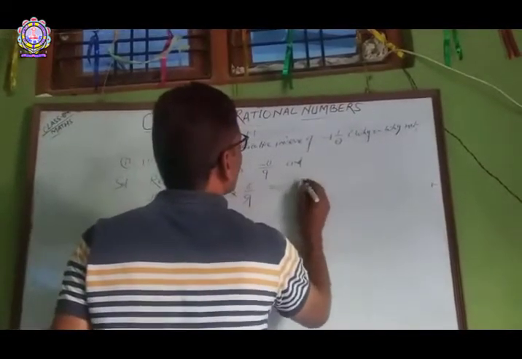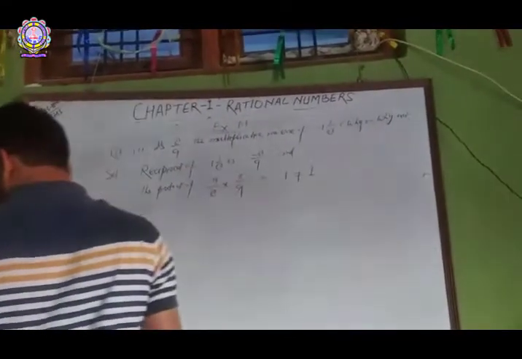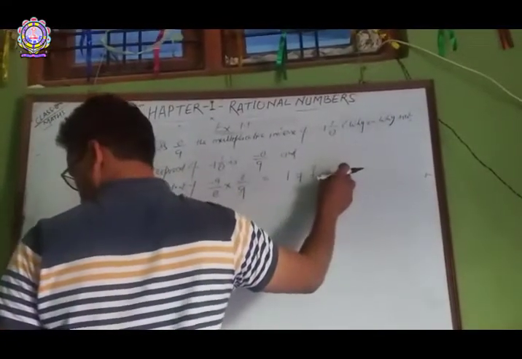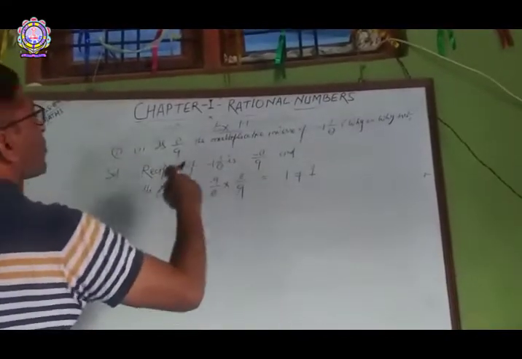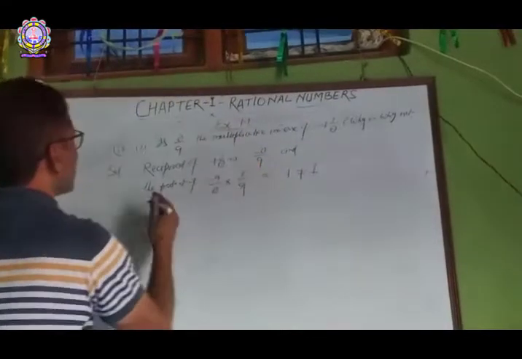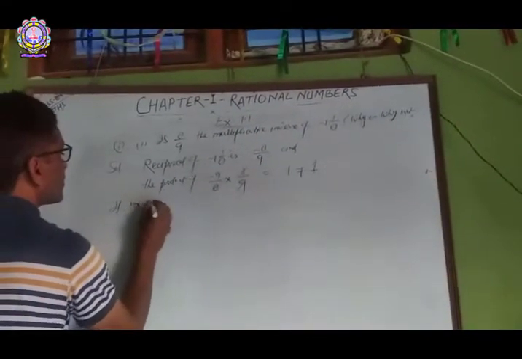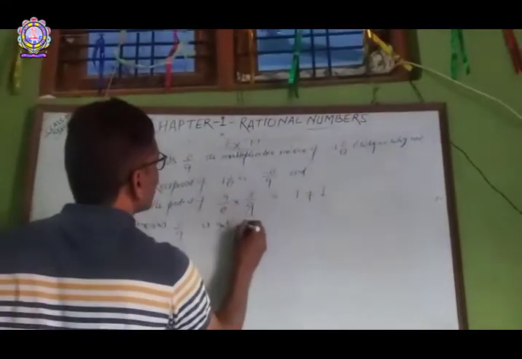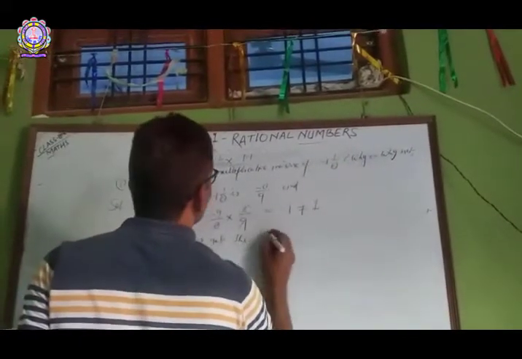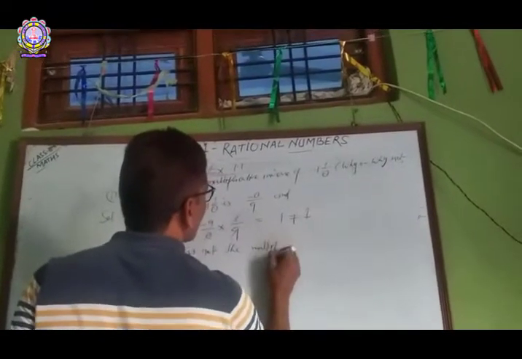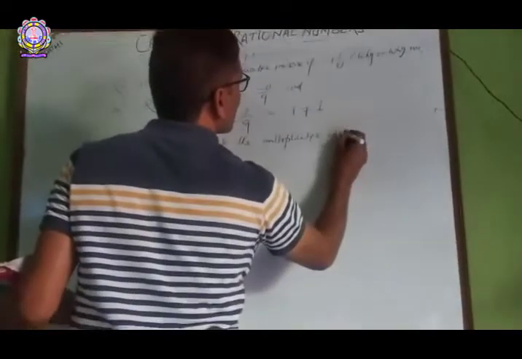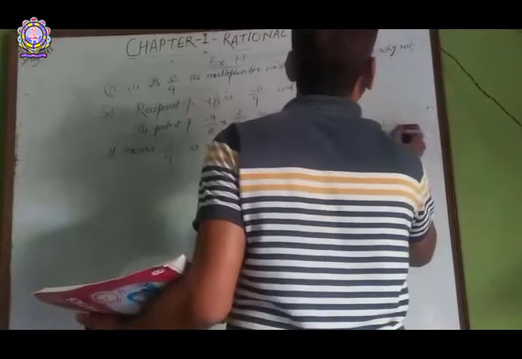That is not equal to 1. It means 8 upon 9 is not the multiplicative inverse of minus 1 whole 1 upon 8.